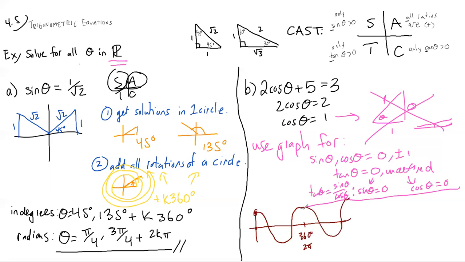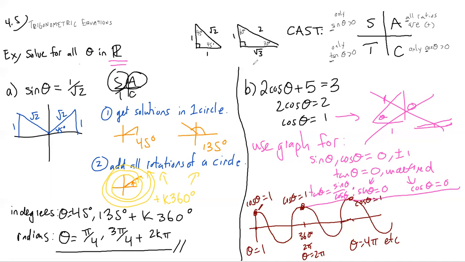But where cos theta equals 1 is all those peaks. So cos theta equals 1 right at the initial value. We can find that by just grabbing it from the graph. That's going to be at theta equals 0, theta equals 2 pi, theta equals 4 pi, etc.